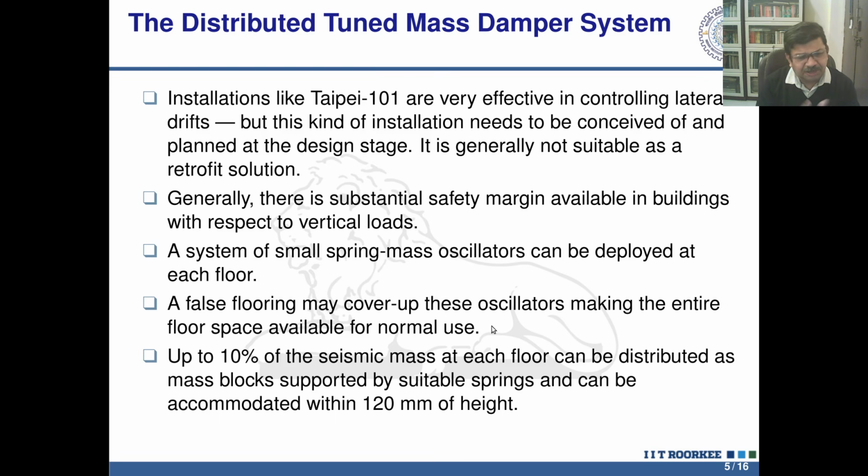So typically, up to 10% of the seismic mass at each floor can be distributed as mass blocks supported by suitable springs. Now, if each mass block is taken as a small entity, then the required spring is also small, relatively very soft spring, right?